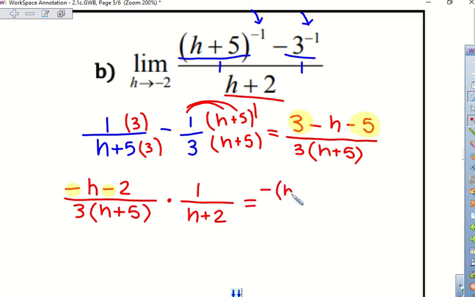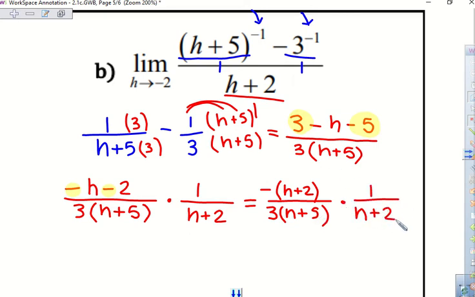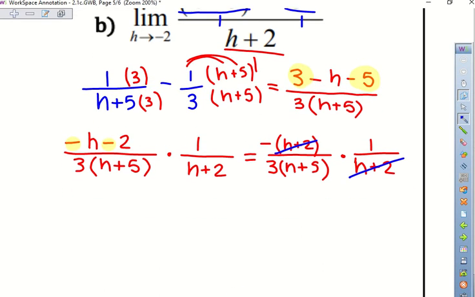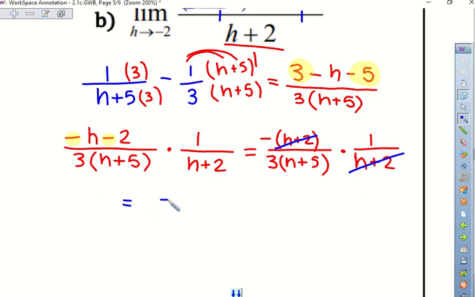We end up with negative h plus 2 over 3 times h plus 5, times 1 over h plus 2. Now we're going to cancel out here and here, and this is going to become negative 1 over 3 times h plus 5.